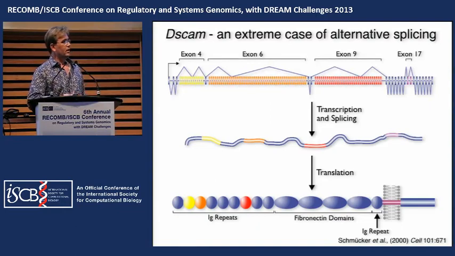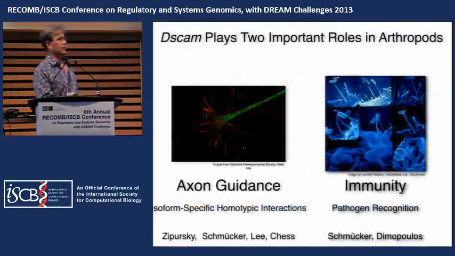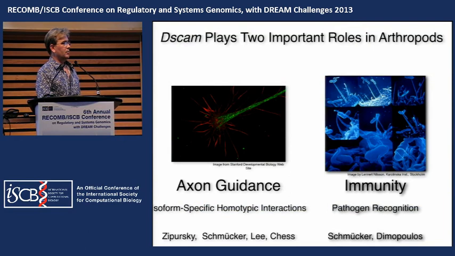Exons 4, 6, and 9 encode 3 different Ig domains in the extracellular portion of this receptor, and exon 17 encodes 2 different transmembrane domains that result in targeting the protein to different ends of the cells. So the gene has really interesting biological roles. It plays an important role in axon guidance.